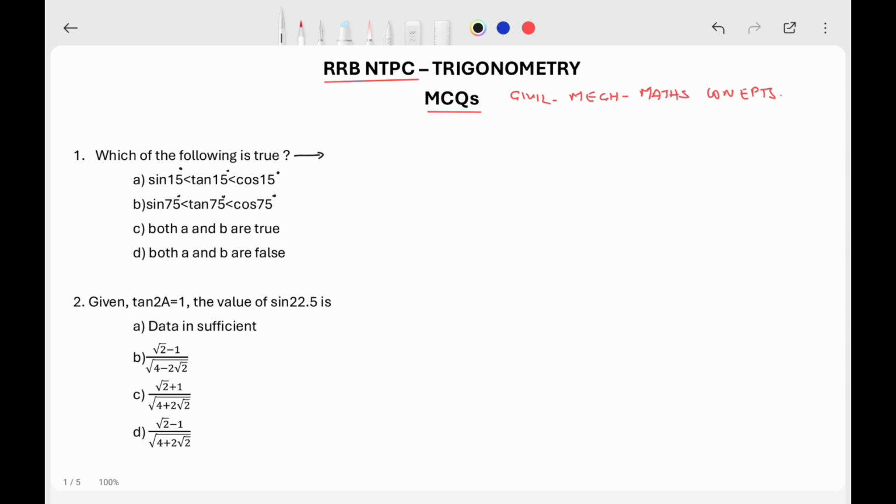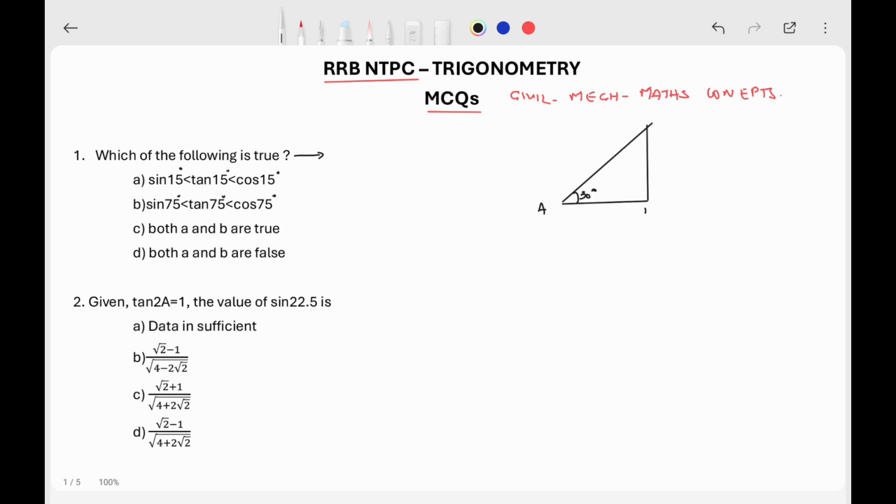Even though we do not exactly know the value of trigonometric identities for 15 degrees, let us try to draw a right angle triangle where theta is 30 degrees.